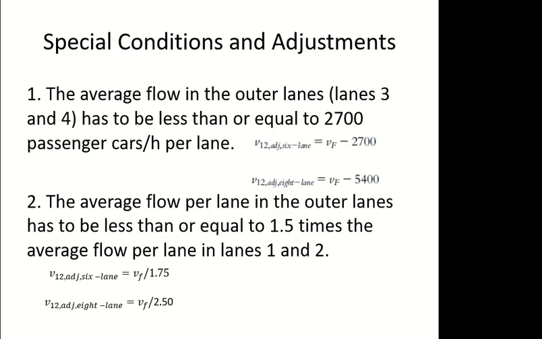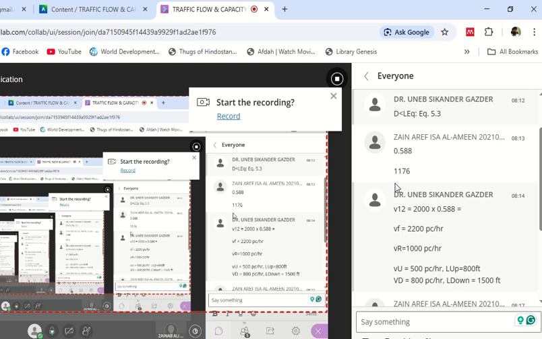In this case, I have 1176 here. If I calculate it per lane, there are two lanes, not outer lanes. The outer lane is one. So 1176 divided by 2, how much does it give you?